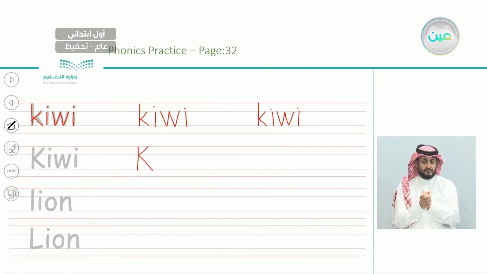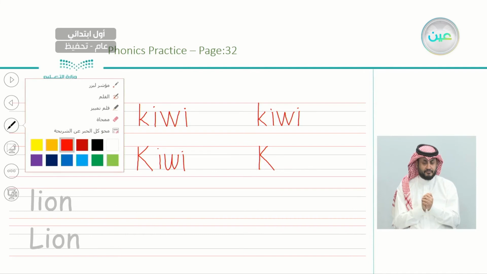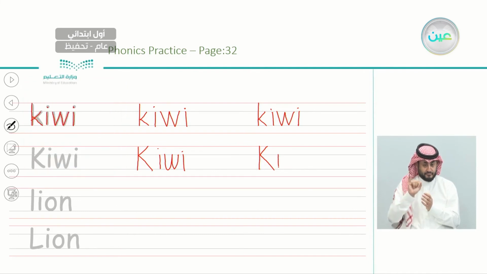So K, then I, W, okay? Kiwi. Again, K capital form, I between number 2 and 3, W, and I again. Excellent. This is kiwi in small and in capital.